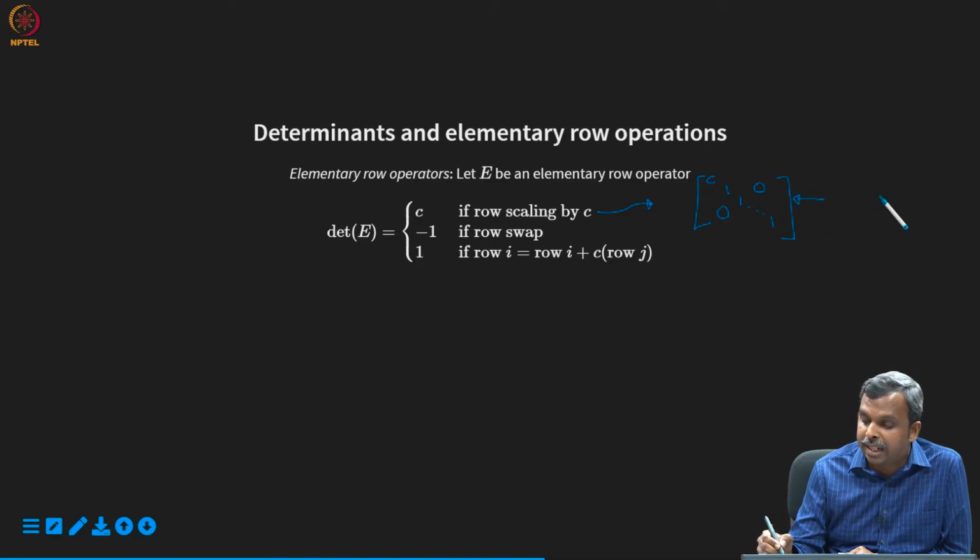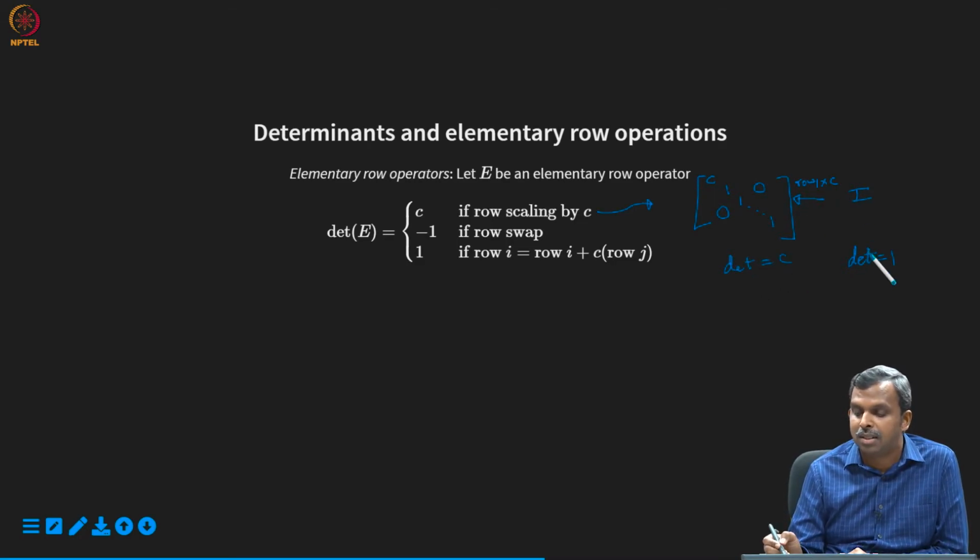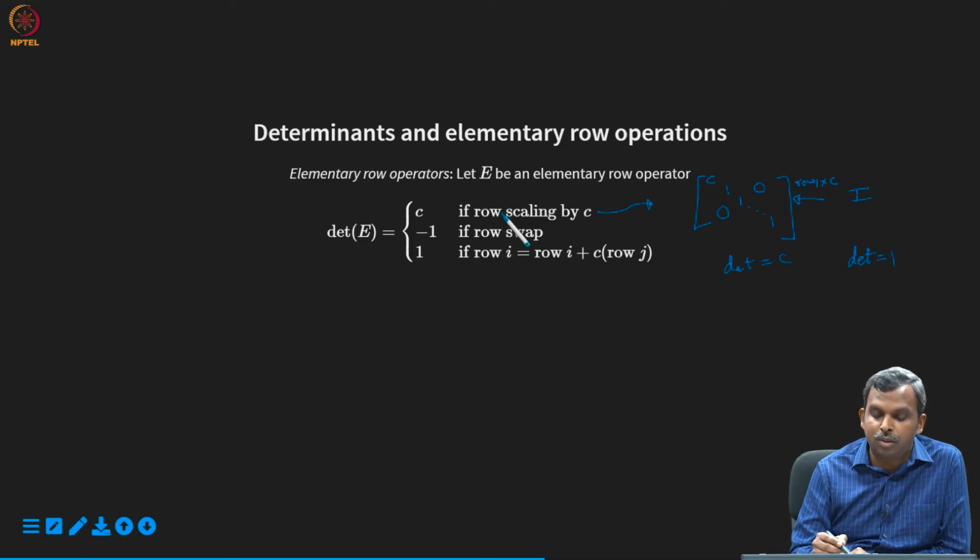You take the identity, multiply row 1 by C. So then what should happen? Here you have determinant equal to 1. Here you have determinant equal to C, isn't it? It is C times this determinant when you multiply the row by C. So you see determinant of E for any row scaling by C is C itself. Okay, so that's very nice.